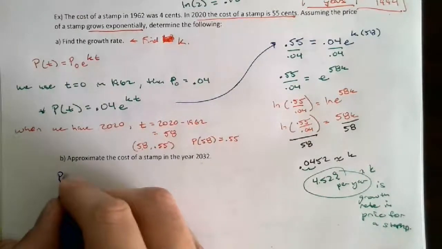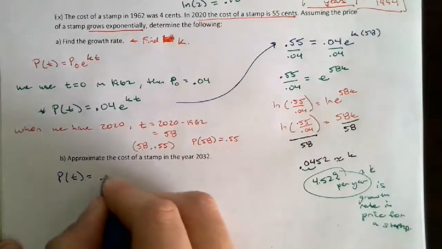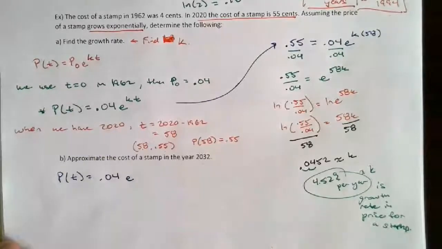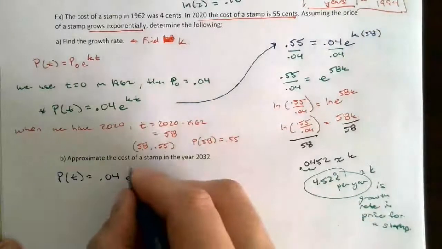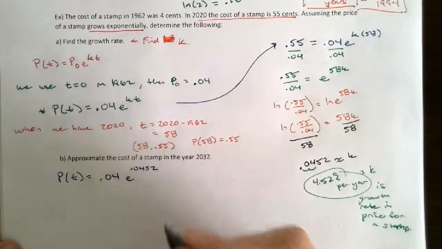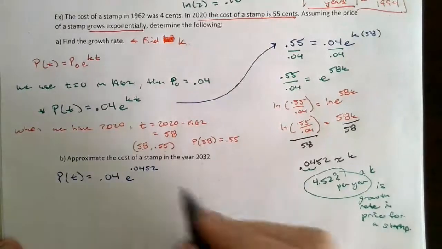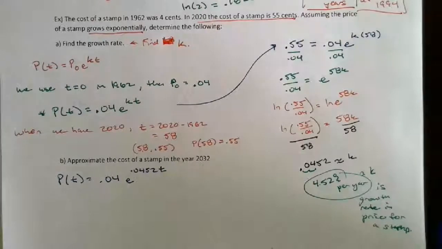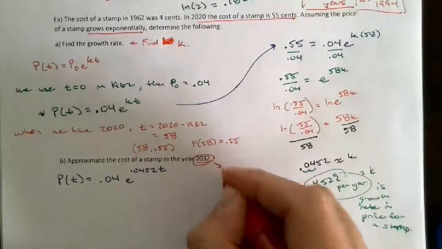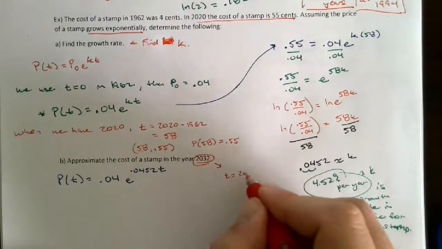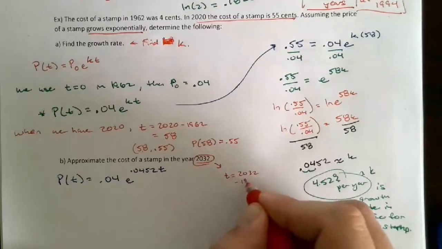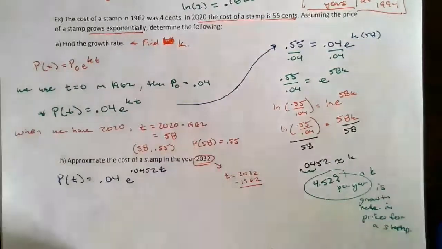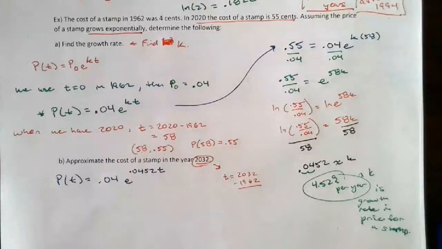Well, our general formula, P of t, is equal to 0.04 e to the 0.0452 times t. t is our variable. In this specific case, in 2032, t is equal to 2032 minus 1962. That's how we're figuring out what to substitute in.